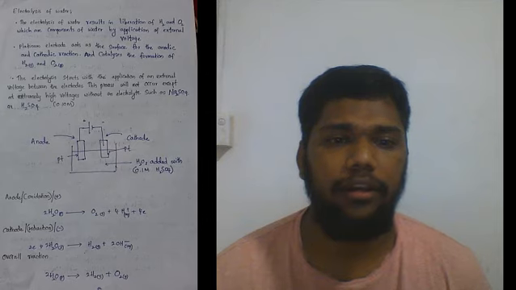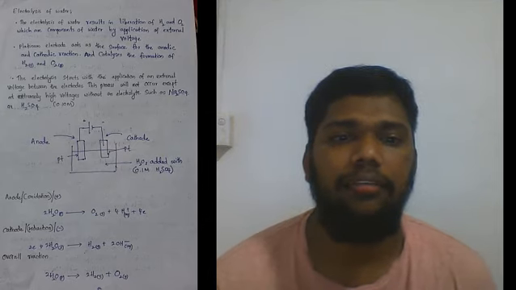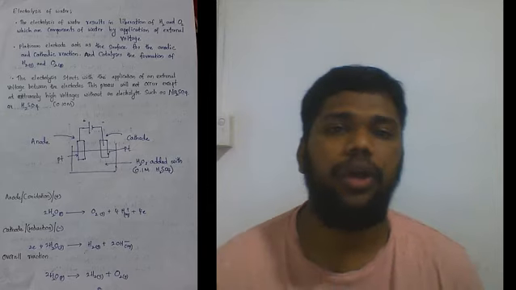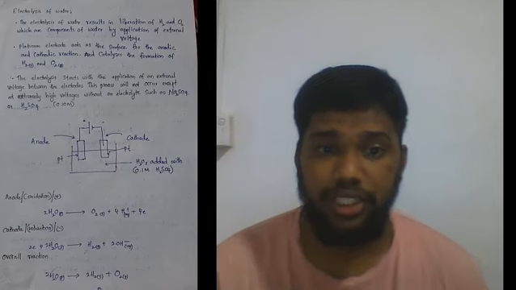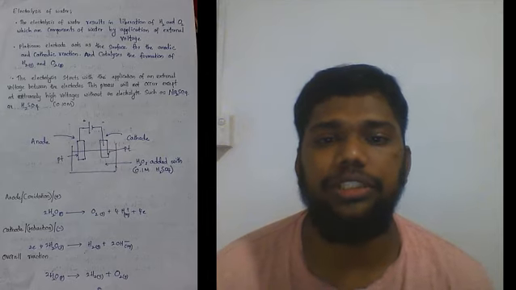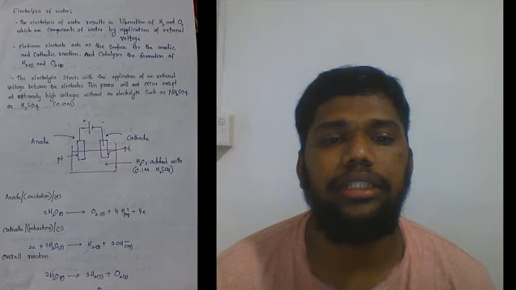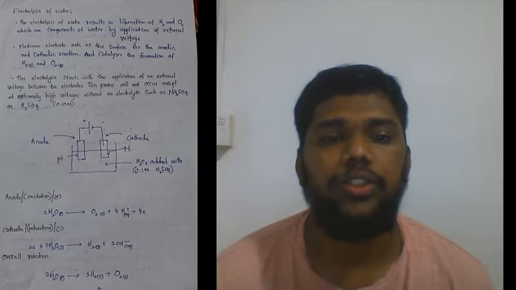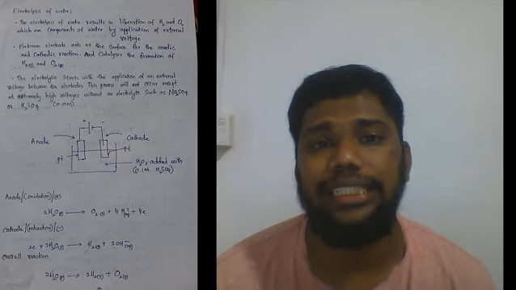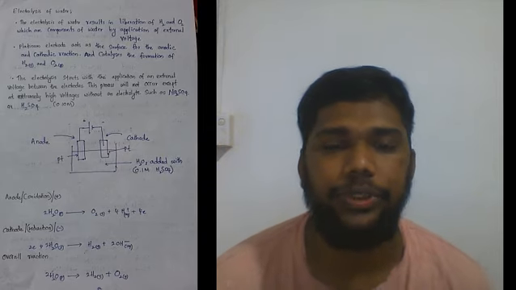At the anode, oxidation happens, so positive charge. And what is the oxidation? In water, you have H plus and OH minus. So oxidation can be performed by OH minus giving O2, and reduction can happen at the cathode. So H plus will take 2 electrons, that means 2H plus plus 2 electrons will generate H2 gas.